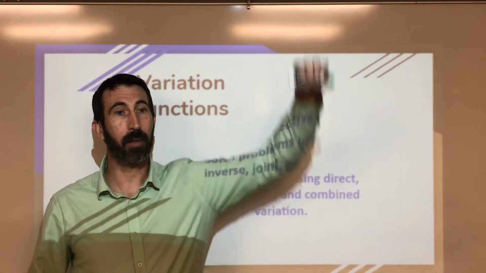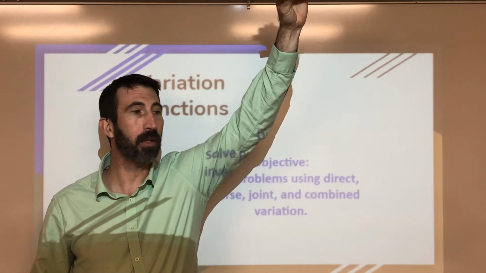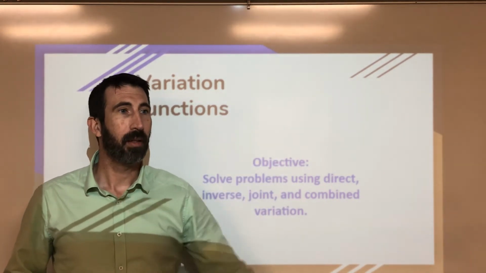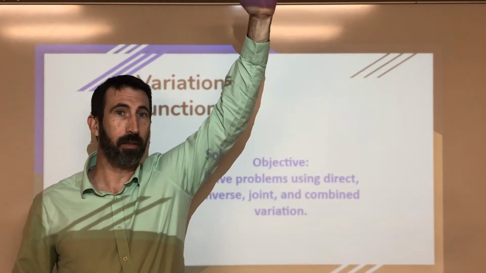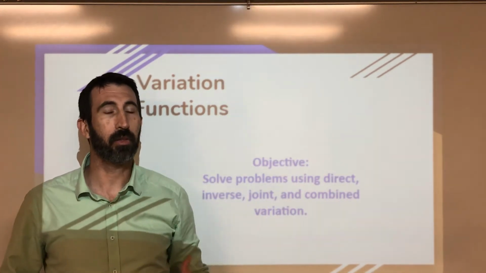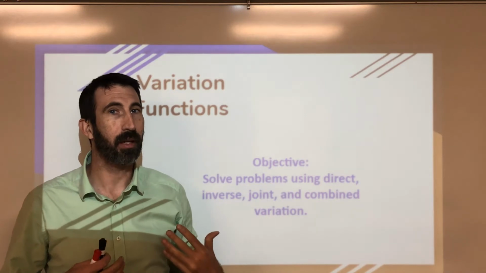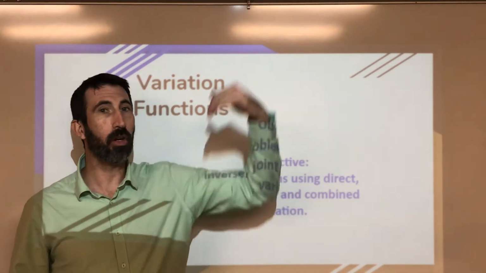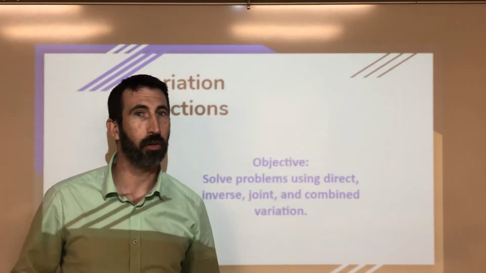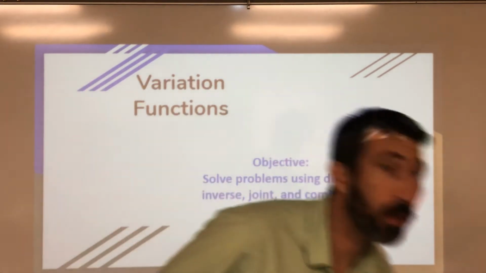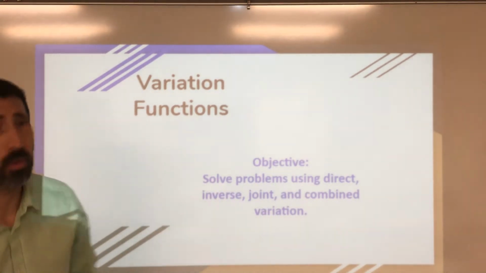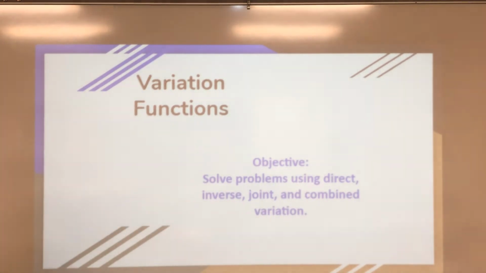Now if I was to drop this from up here, it would take longer. That's what we mean by varies directly. The larger this variable is, the larger our answer is. So if our answer is the distance that it falls, then the longer it takes, the farther it falls. So that's what we're talking about when I talk about varying directly. And we'll get more into that as we go on.